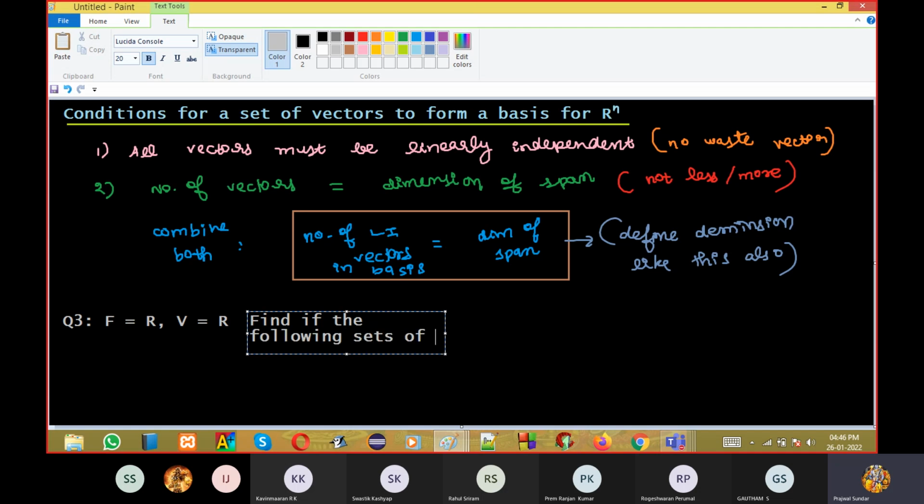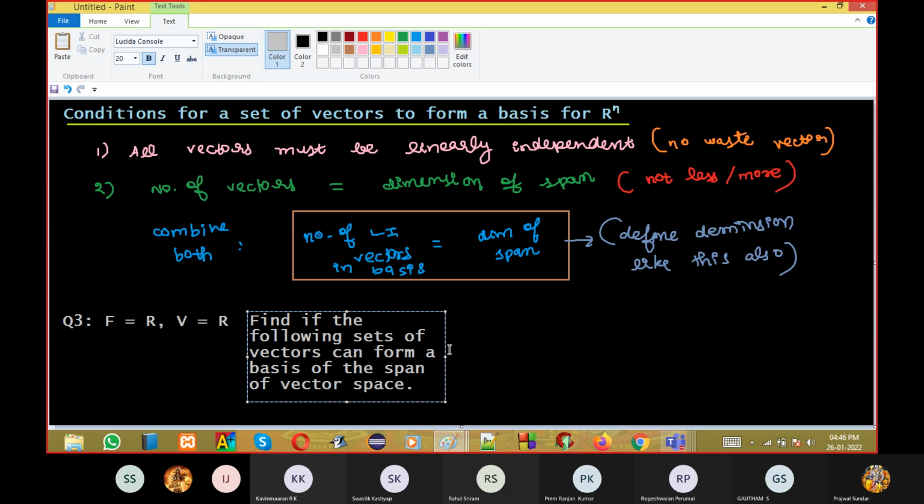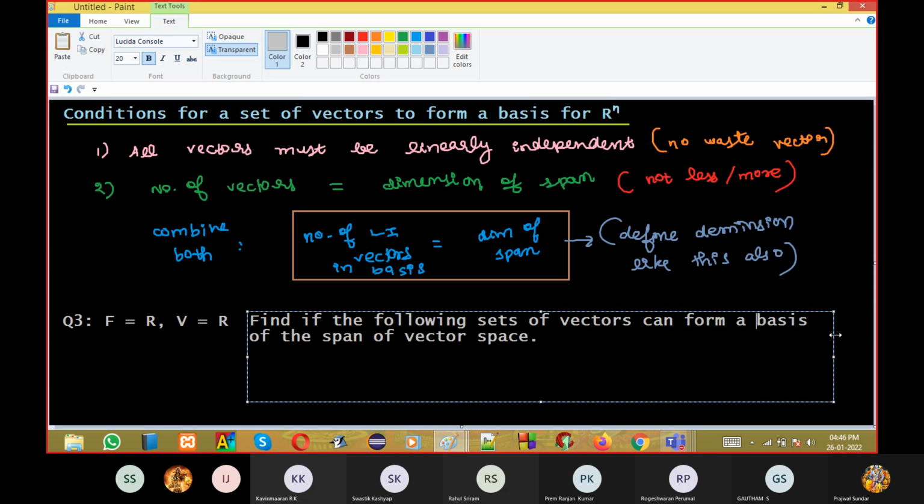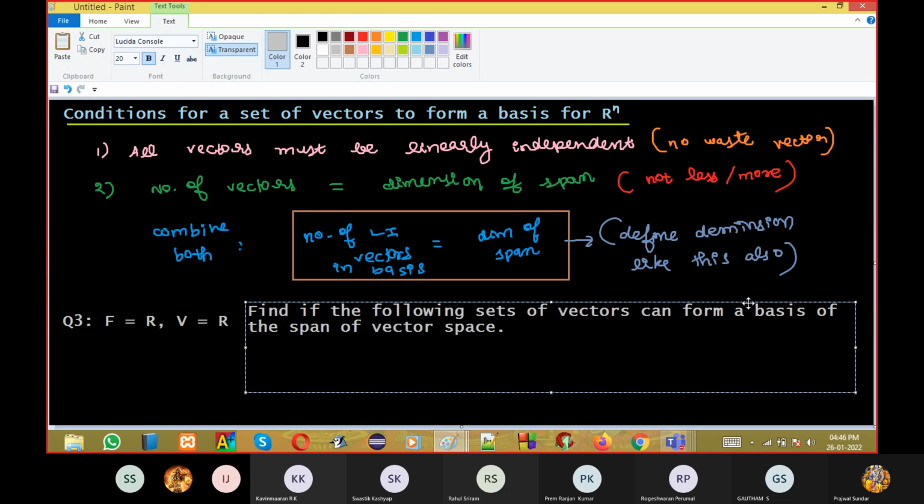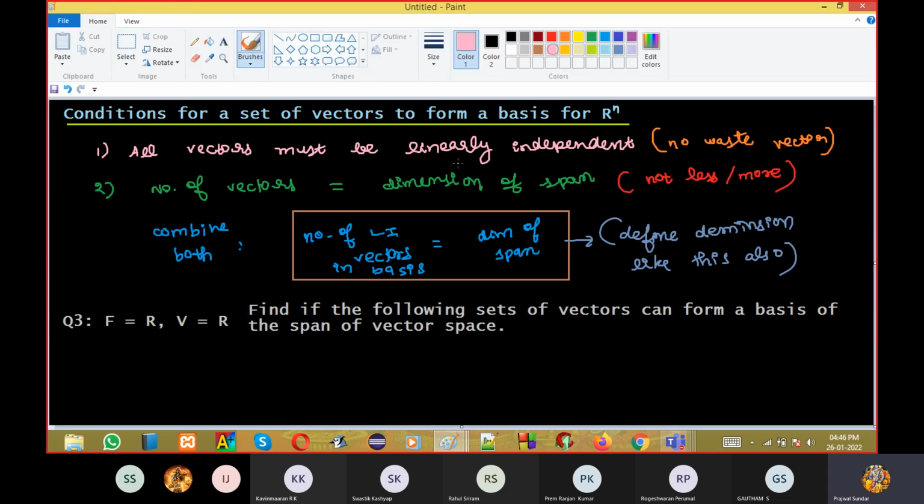the following sets of vectors. So I'm giving two tuples first, in R squared. Suppose I'm having (1, 2) and (3, 4).